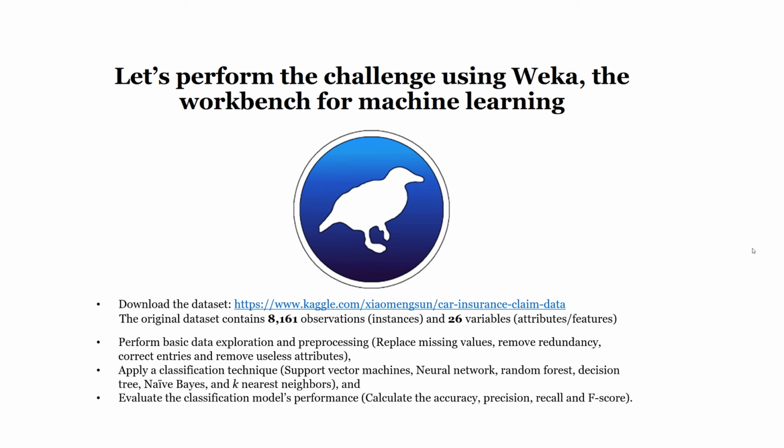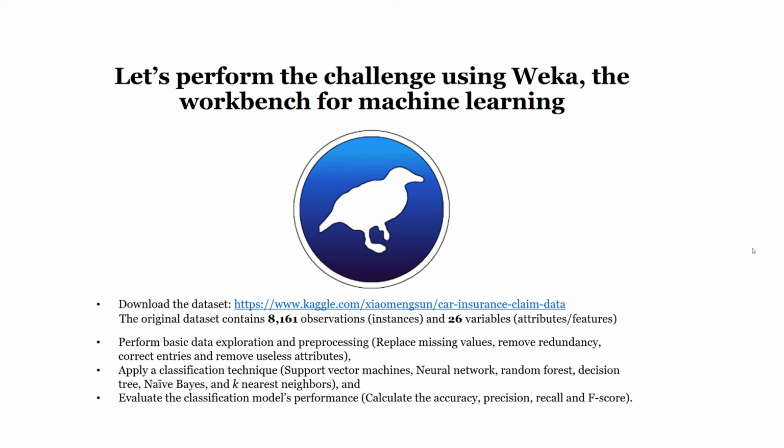Of course, I'm going to leave a link for the dataset in the description below. I'm also going to put the small dataset we discussed because we can also explore it further using the Weka tool. The original dataset contains more than 8,000 observations or instances and 26 variables or features, as we mentioned.